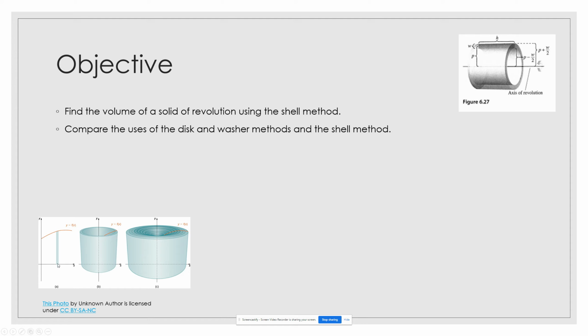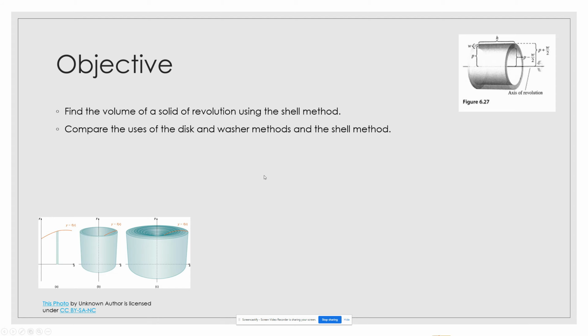The width that you draw this rectangle is going to be the width of the shell, because that is what's being rotated around. If you stack an infinite number of these shells inside each other, you will get the shape of when you revolve around here, and that's going to give you the volume. So the shell method is just another method to find the volume of a revolution.